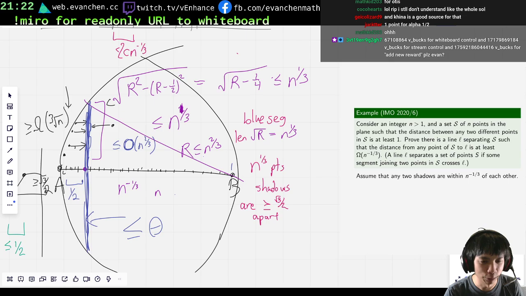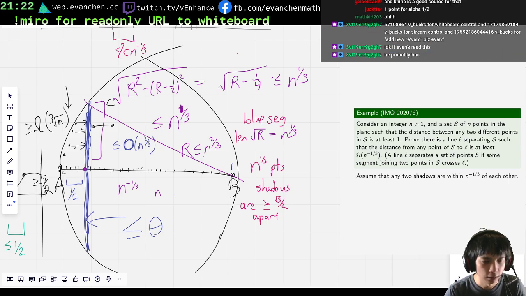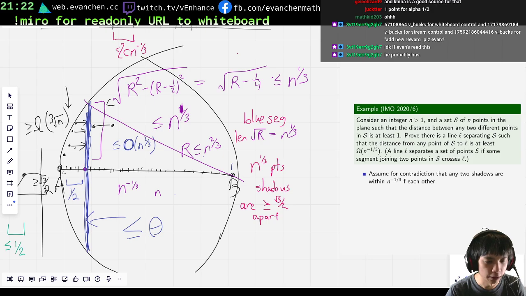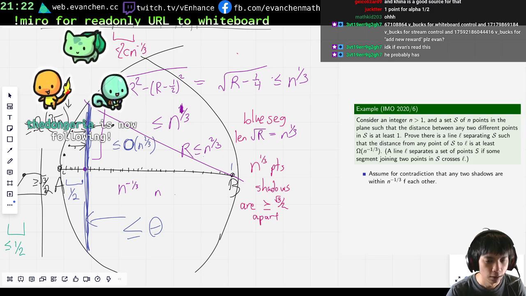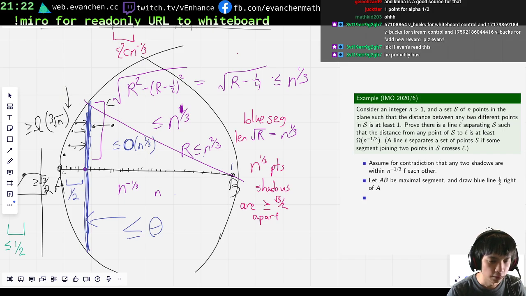Yeah, so, okay, people seem a little confused. So to summarize: assume for contradiction that any two shadows are within cube root n. Let A, B be the maximal segment, and draw the blue line half right of A. Then we encounter a shadow every cube root n.